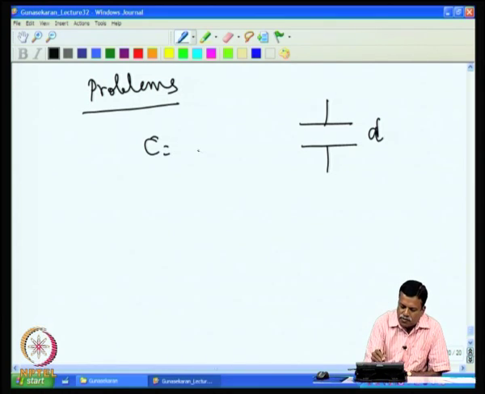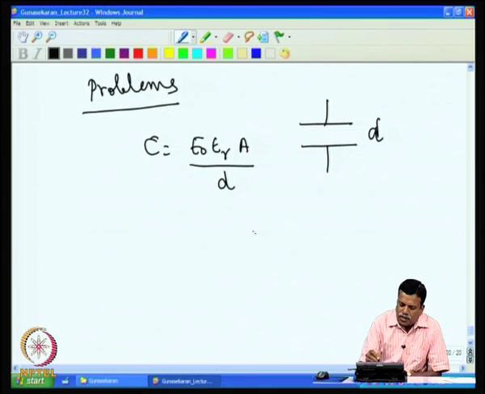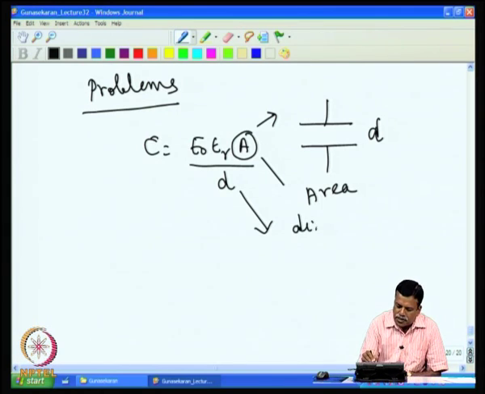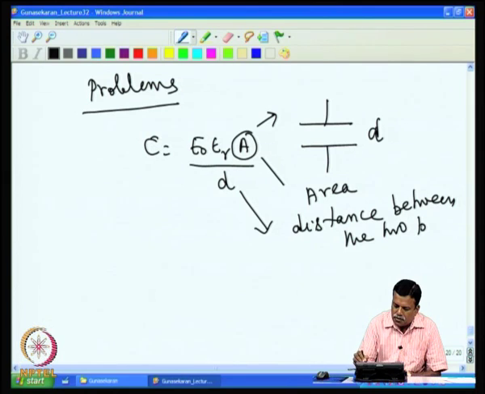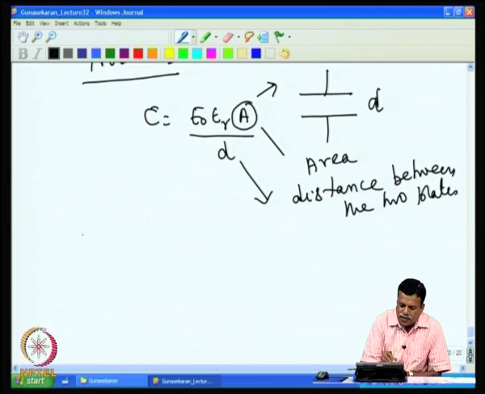The capacitance C is given by epsilon naught epsilon r A by d, where A is the area of the plate and d is the distance between the two plates. So, one can use this capacitive sensor for area variation, because if A varies, then capacitance also changes.